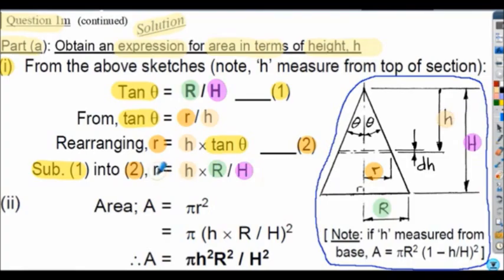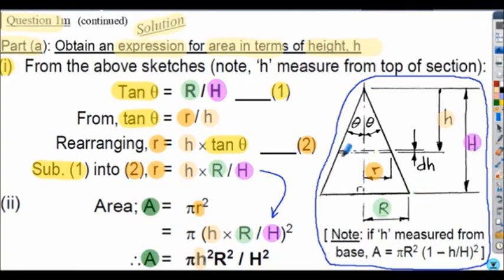So now we've got a formula for lowercase r. We know that the area of a circle is pi r squared, so now we simply replace the value of r with this expression from above, and then simply squaring the bracket, we find our formula for area in terms of lowercase h. That's part A concluded, the expression for the area at any height h.